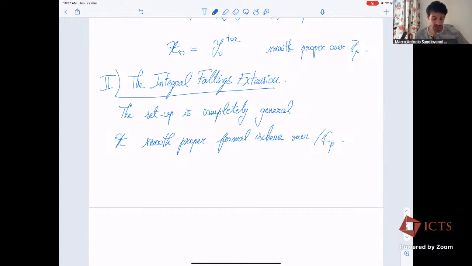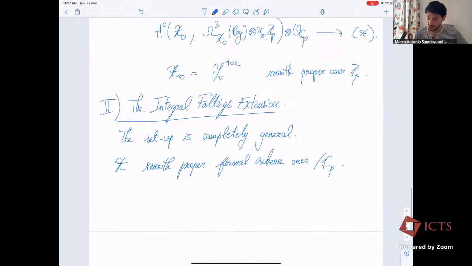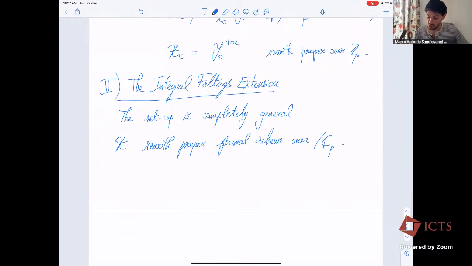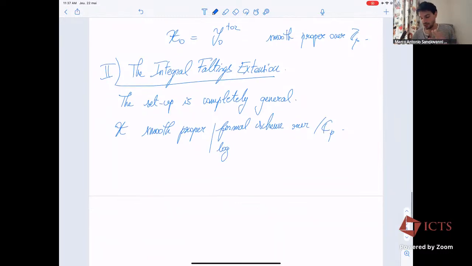And now we're just going to build this sort of map from X, with log structure, so maybe a log formal scheme. You have to add log everywhere, but there is obviously a story without log. I may forget in the following to put log, but just think of everything that should be log.